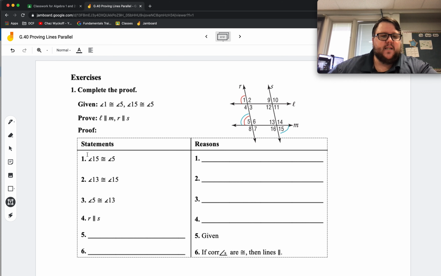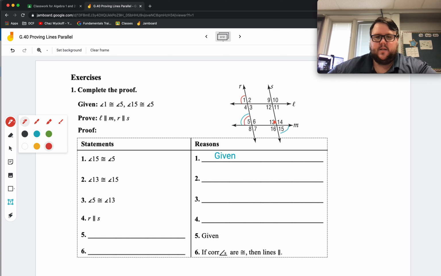The first thing they gave us was angle 15 is congruent to angle 5. So we write given. How do we know that? Well, they told us that. Now they're going to tell us that angle 15 is congruent to angle 13. I'm going to do this in orange.